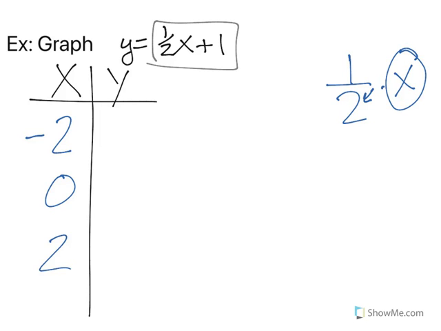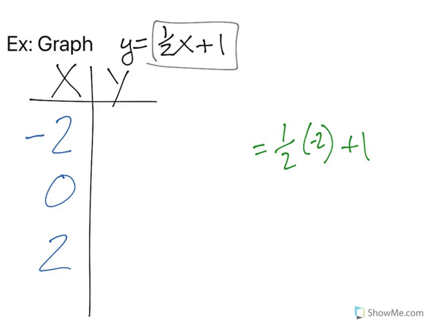Okay, so let's plug it in. I've got 1/2 times negative 2 plus 1. Okay, well, as I mentioned, when we take 1/2 times negative 2, just to draw this one out to see it, my 2's cancel out and I'm left with just negative 1. Literally, I cut that in half. So negative 1 plus 1 is 0.